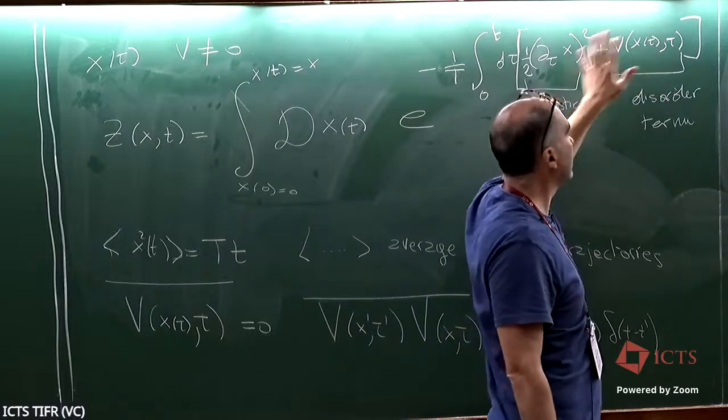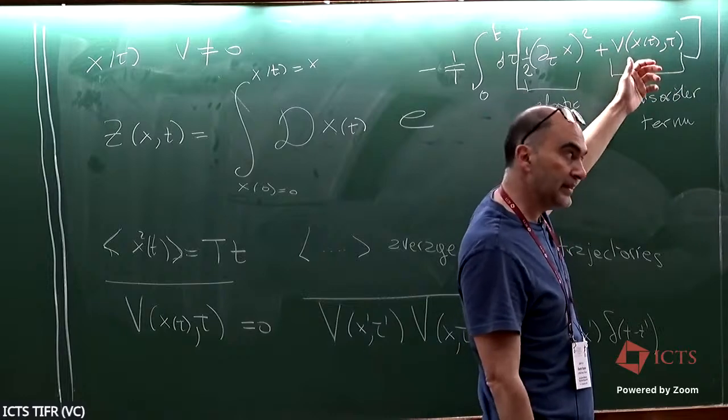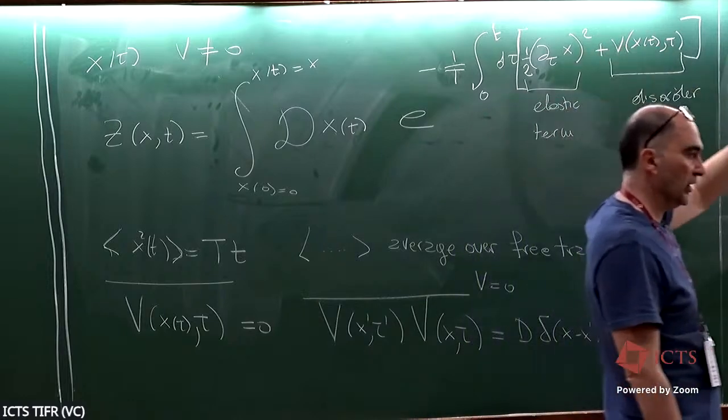So if v equal to 0 it is the free quantum particle, if v is different from 0 and time-independent it is a quantum particle in a potential.